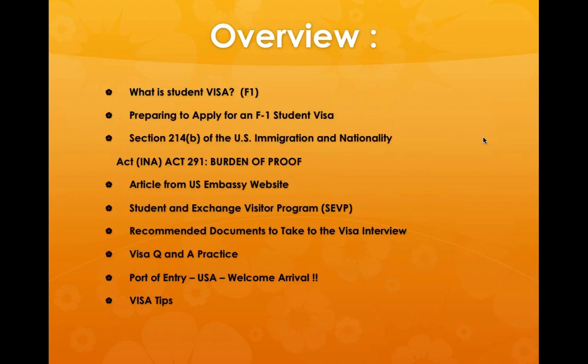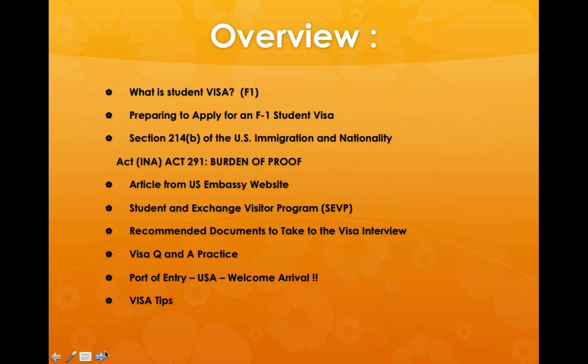If you have been rejected recently with your visa, you might know what 214B is. Then an article from the US Embassy website, the Student and Exchange Visitor Program, called SEVP, the recommended documents to take to the visa interview, visa question and answer practice, the port of entry USA, the welcome arrival, which everyone would like to go with, and the visa tips.